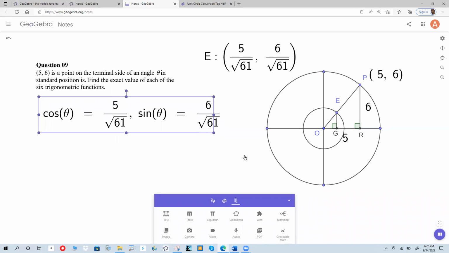Now I need to find the reciprocal of cosine theta, that will be secant theta. I need to find the reciprocal of sine theta, that will be cosecant theta. Let's do it in the next box.